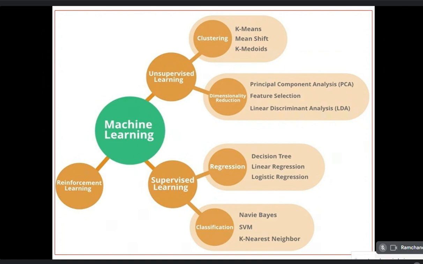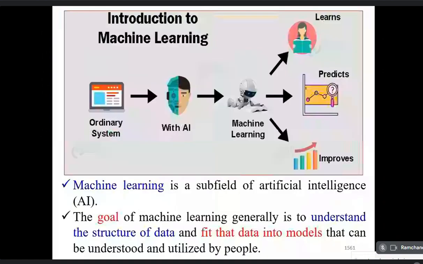Under regression techniques, we have decision tree, linear regression, logistic regression, etc. Under reinforcement learning, we have the DQN algorithm and Q learning algorithm, etc. Under unsupervised learning, we have clustering algorithms like k-means clustering, k-medoids, etc. Dimensionality reduction, we have principal component analysis, feature selection, linear discriminant analysis, LDA, etc.